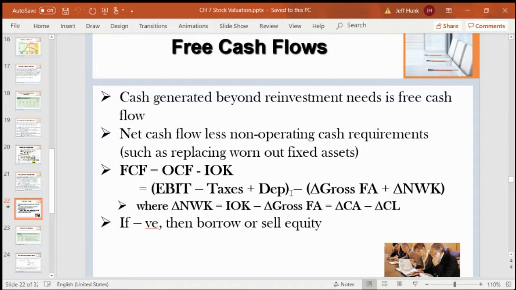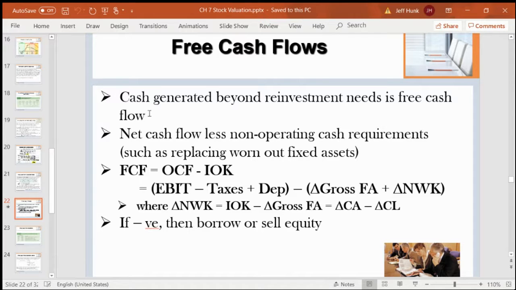Now then, think about it. This is the cash flow generated from operating activity, right? And then if there is any need for increase or decrease, the changes in operating capital, that should come out of where? It should come from your operating cash flow.